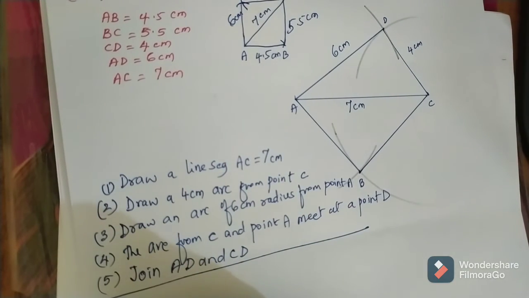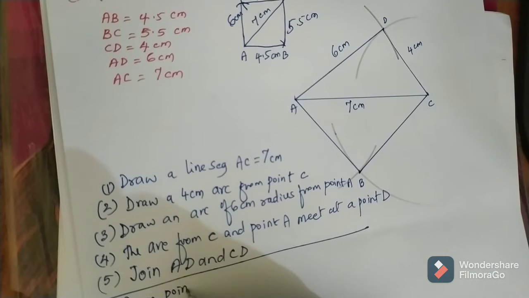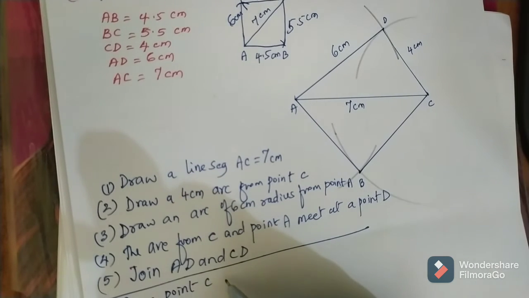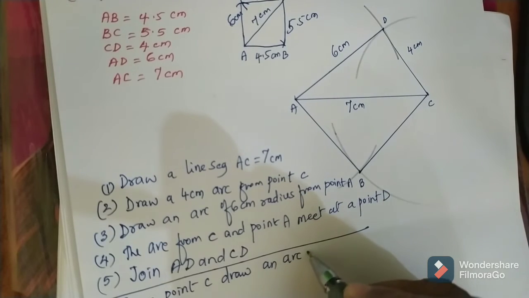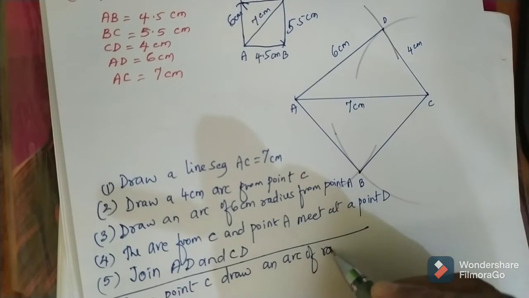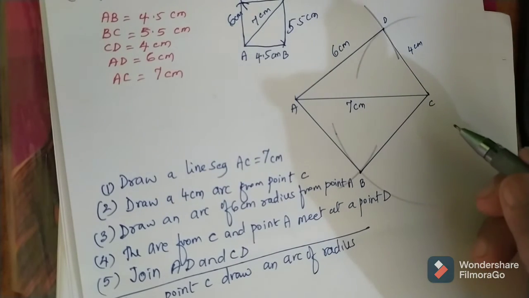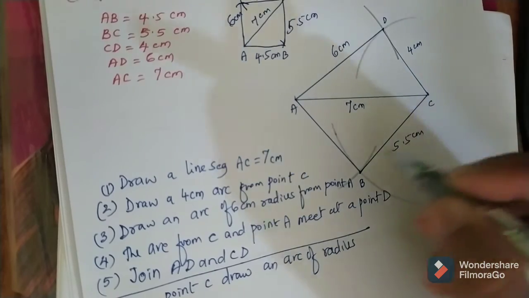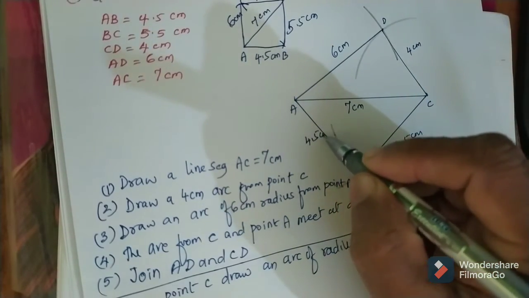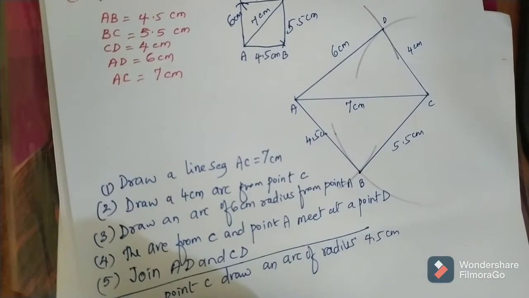Then on the other side, sixth one, from point C, draw an arc of radius BC, 5.5 centimeters.